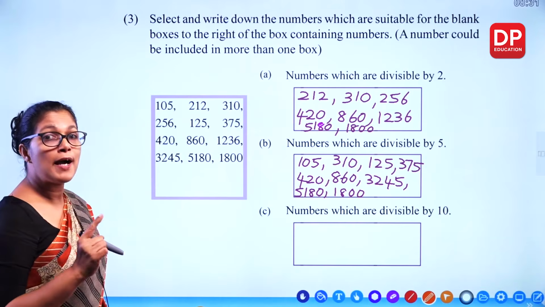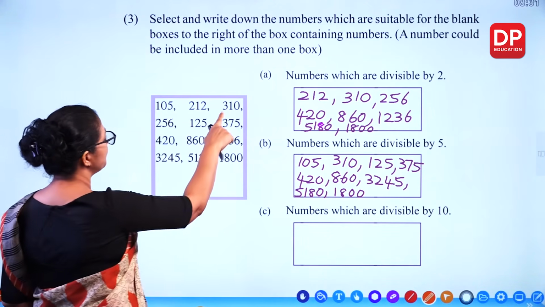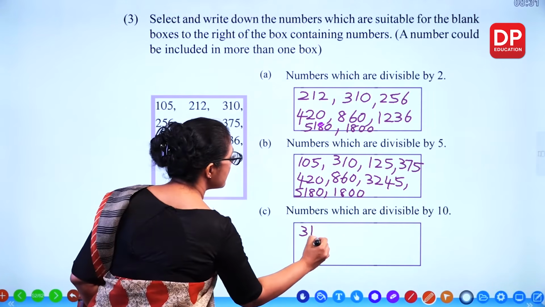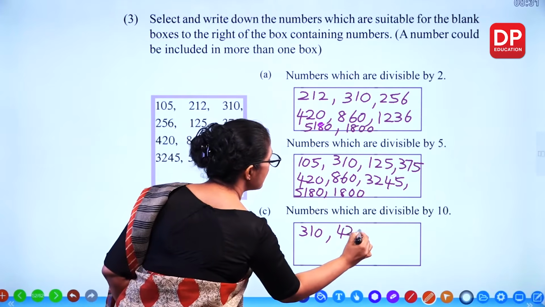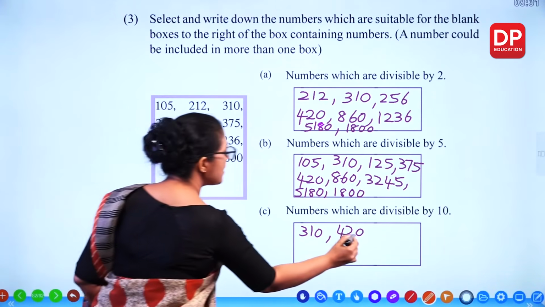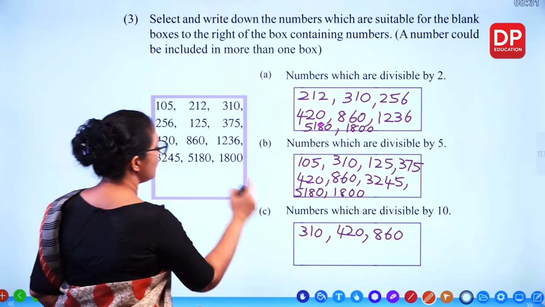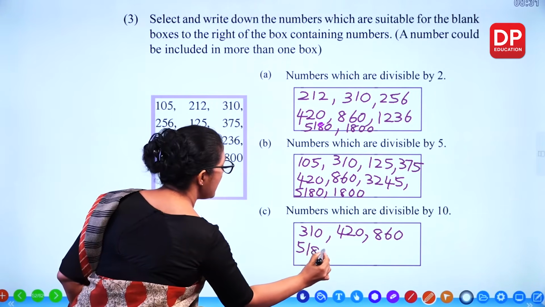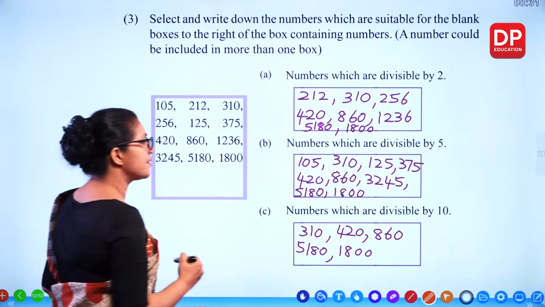Numbers which are divisible by 10, that means the last digit should be 0. 310 and 420, 860, 5180 and 1800.